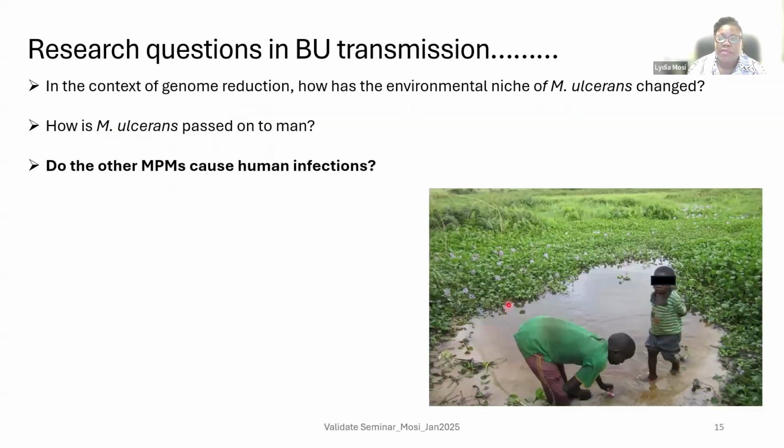What we do know is that if you go into a typical endemic region where you have Mycobacterium ulcerans infection, you would find the bacteria everywhere. When I say find the bacteria, I mean you would find the DNA of the bacteria everywhere.